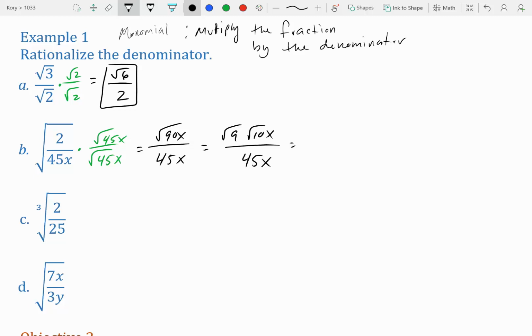And then we can continue simplifying, taking the 3 out of the 9. So we have 3 times the square root of 10x over 45x. Now we can take this one step further because 45 and 3 have 3 in common. And so we're left with the square root of 10x over 15x.